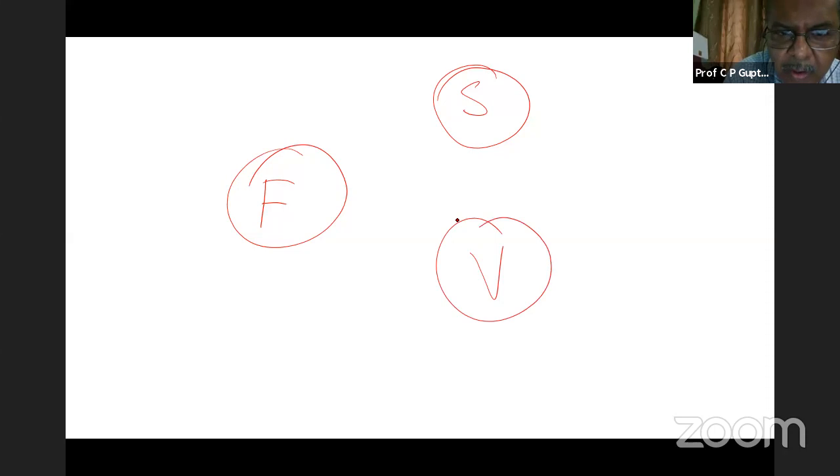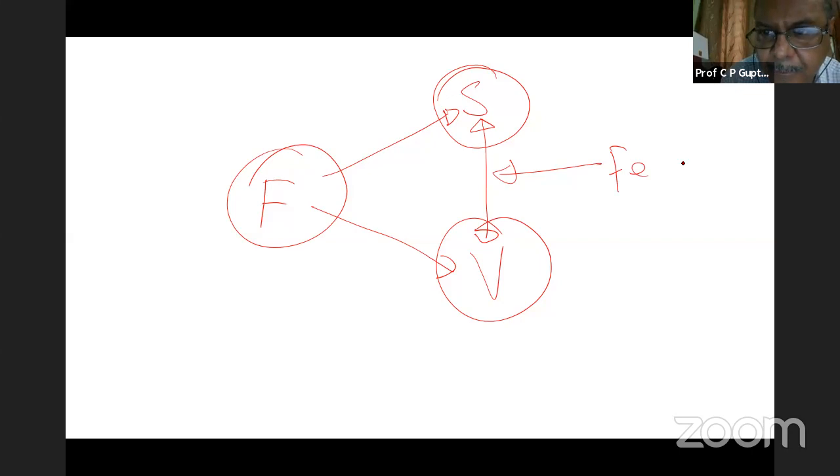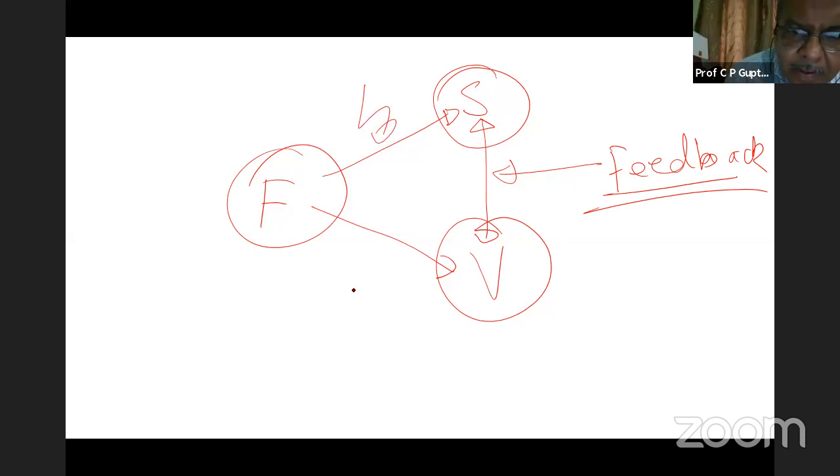We have a future, we have a spot, we have volume. Future impacting spot and volume, and there is a feedback in the future and the volume, and Granger causality between future and spot and future and volume.